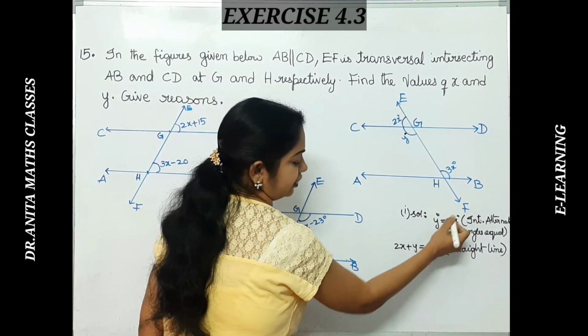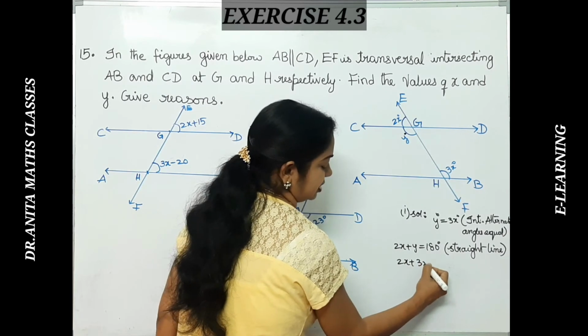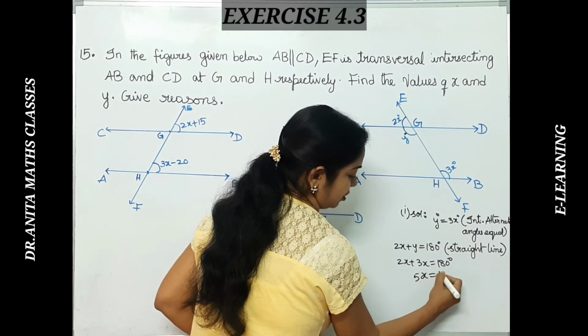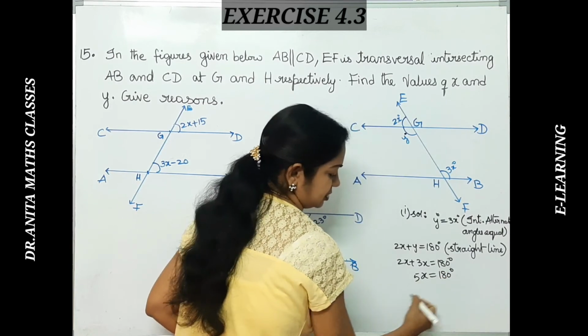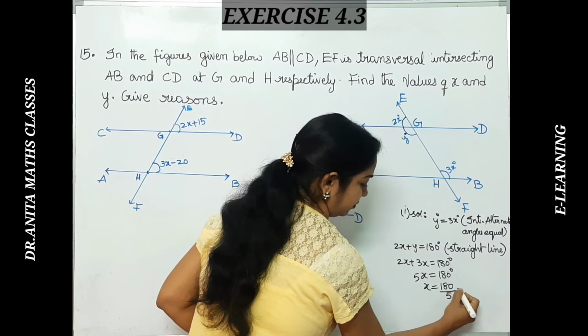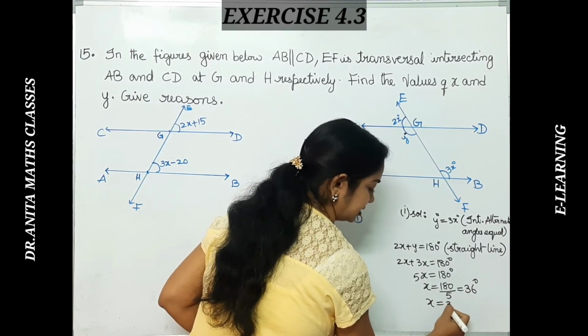We got y as 3x, so we substitute 3x in place of y, so 5x is equal to 180 degrees. That means x is equal to 180 upon 5, which is 36 degrees.